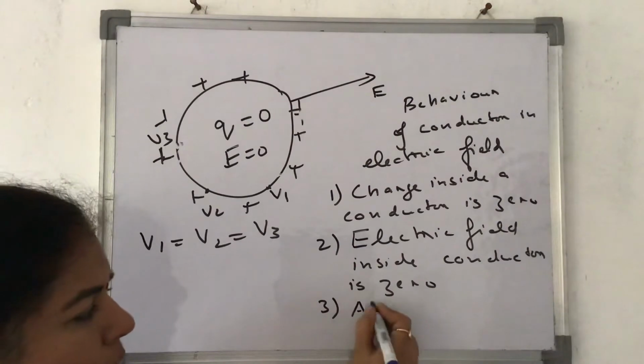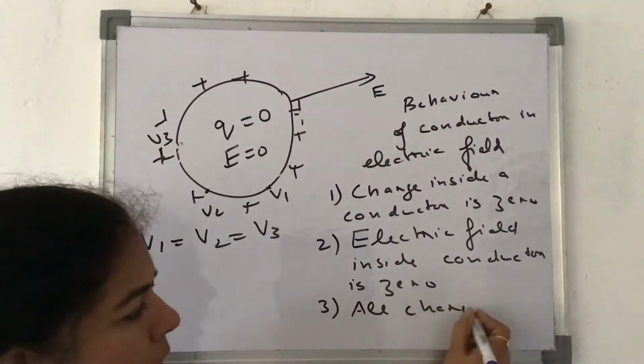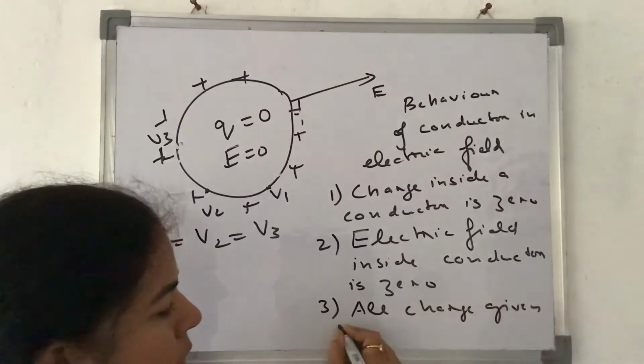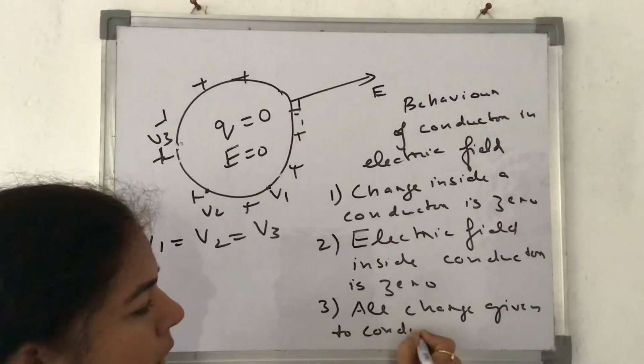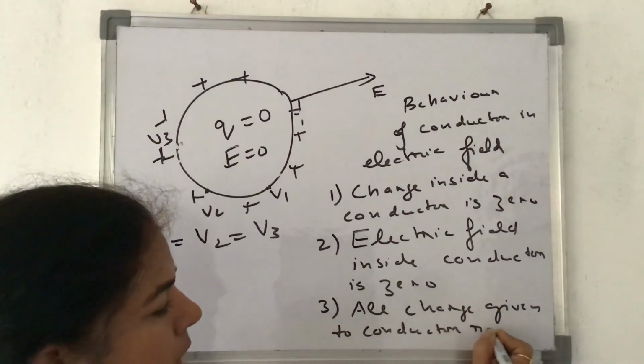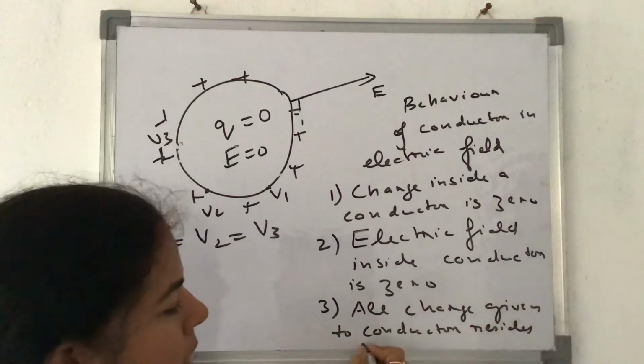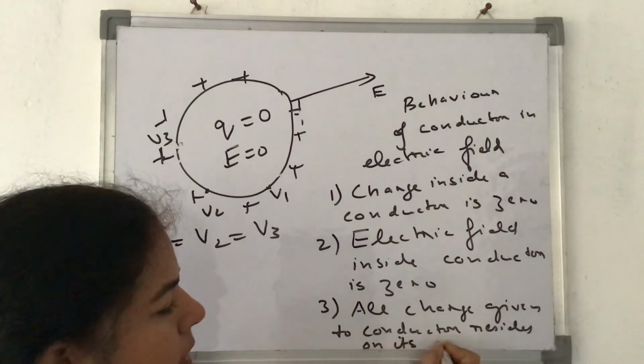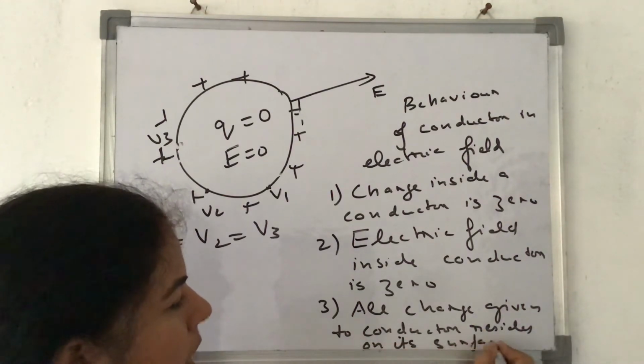Third thing: all charge given to a conductor resides on its surface, as I've shown over here.